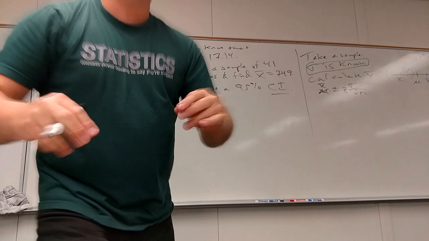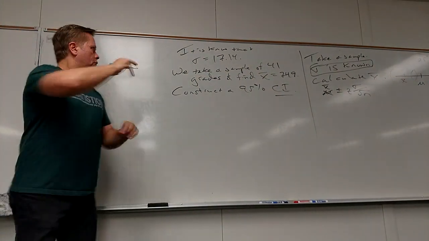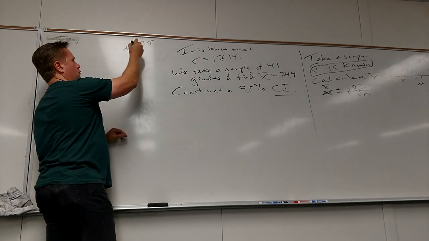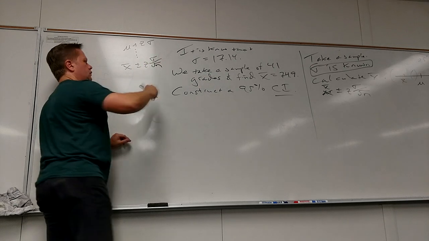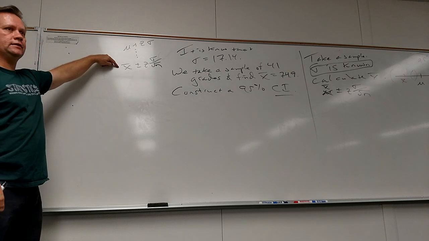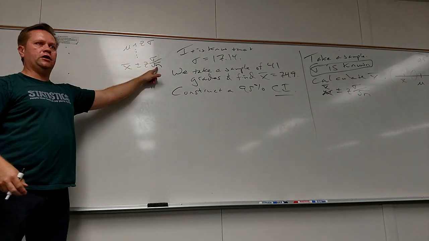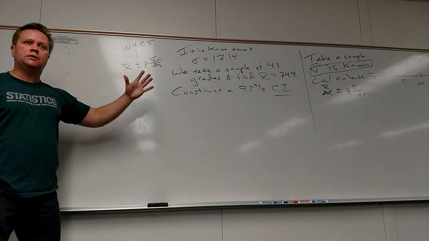I kind of try to show you the progression of how we changed this formula that we've known for a long time into this, to fit the situation we're in. We don't know the mu. Our best guess is the sample mean we got. We had to take a sample, so I have to change the standard deviation. And I want to capture the middle whatever percent, and that's where the plus or minus piece came in.